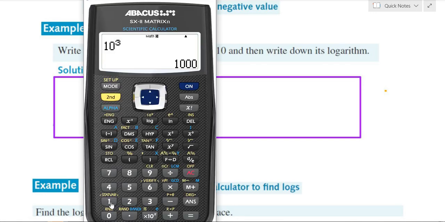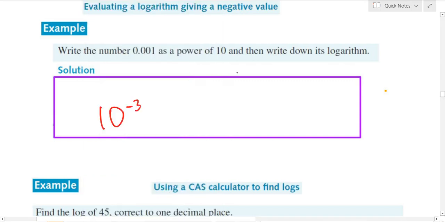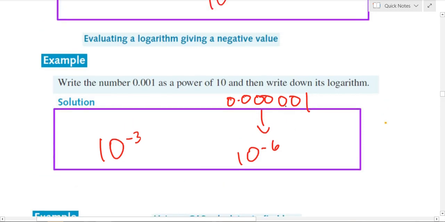When you put 10 to the power of negative 3 in your calculator, we get 0.001. Same thing if it was 0.000001. It's going to be 10 to the power of, how many zeros are in front of that 1? 1, 2, 3, 4, 5, 6. Power of negative 6.